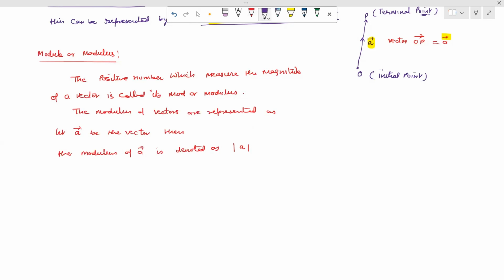So we can understand that, suppose vector A having elements 2i plus 3j plus 4k.